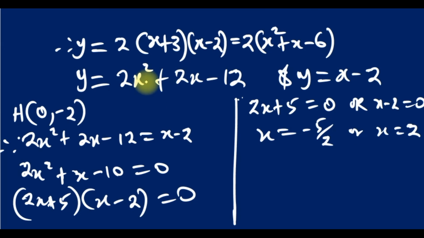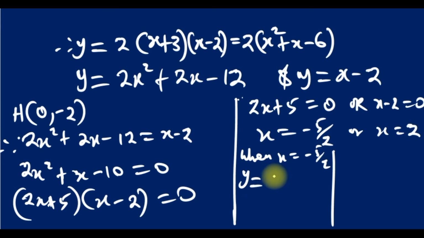They ask for the coordinate, so we now find the corresponding value of y. We've gotten x. So when x is minus 5 over 2, let's get y. Let's use the line instead of the curve. So y is minus 5 over 2 minus 2, which is minus 4 over 2 minus 5 over 2, that's minus 9 over 2.